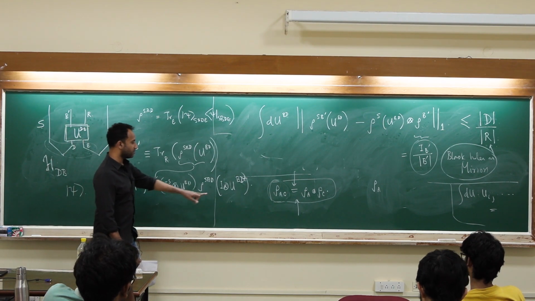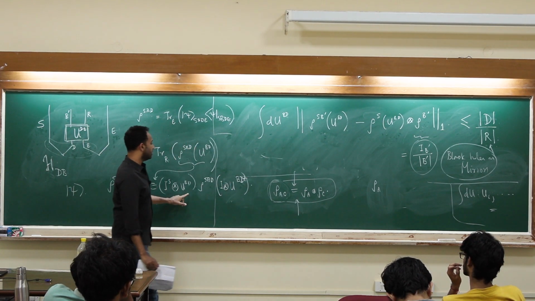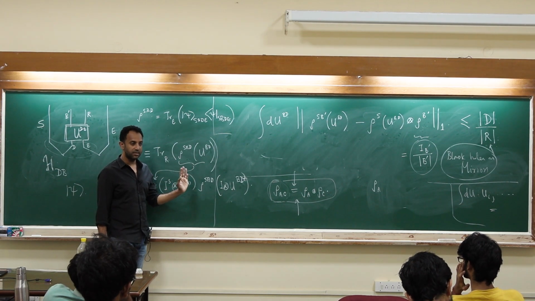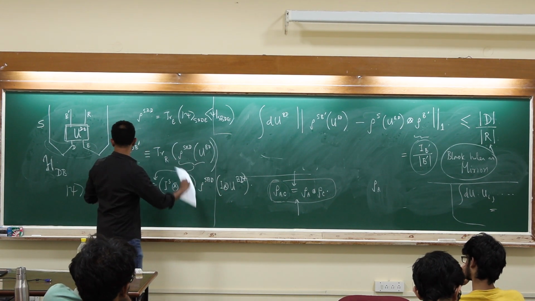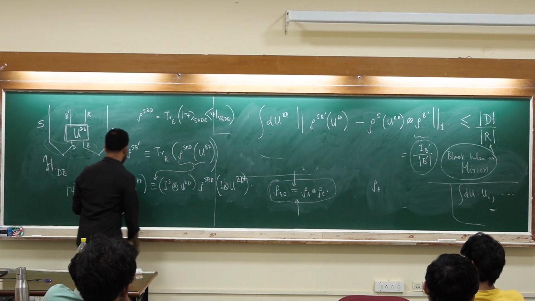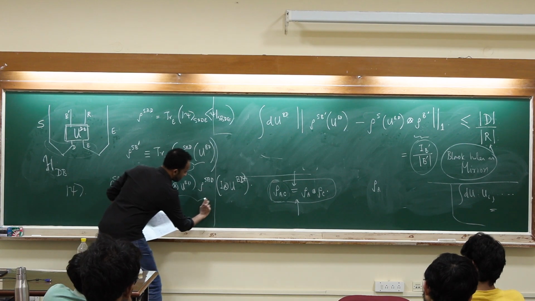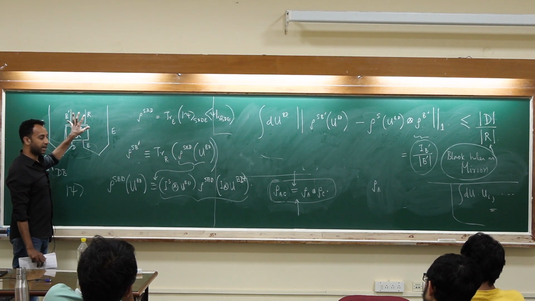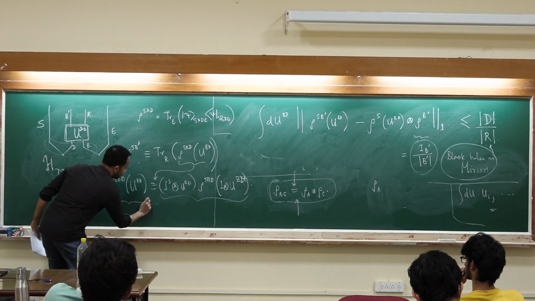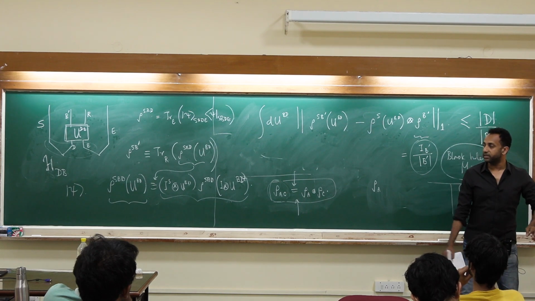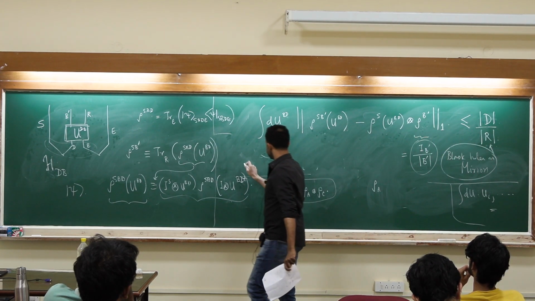Yes, I think that dagger might have been missed, but it's basically just a unitary acting on the state. So I think probably there is a dagger there. I just wanted to say that this is the evolution of this state, whatever it might be. The point is, this object is what is going to go in here and do the integral. I think you know this probably better than me.